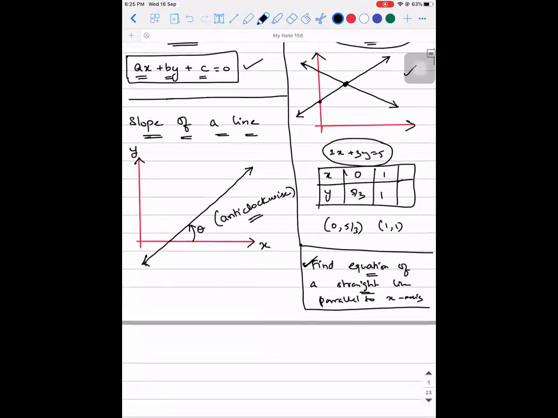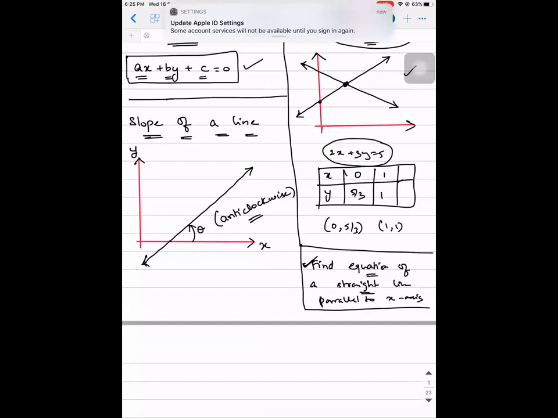So for any line, the first thing you need to check is what is the angle made by that line with the x-axis, in which direction? Anti-clockwise direction.